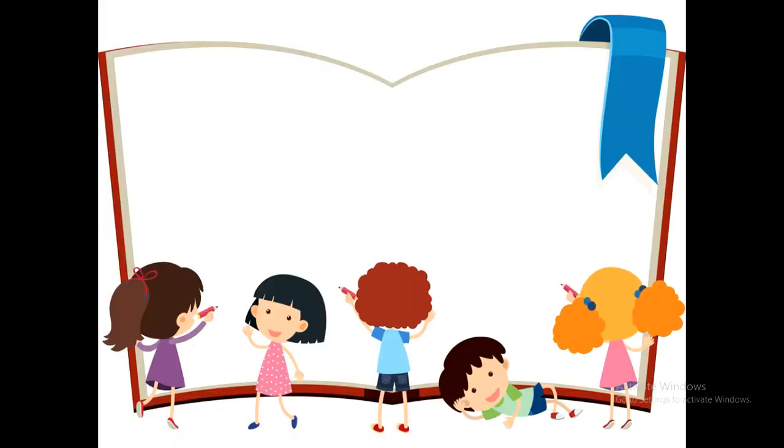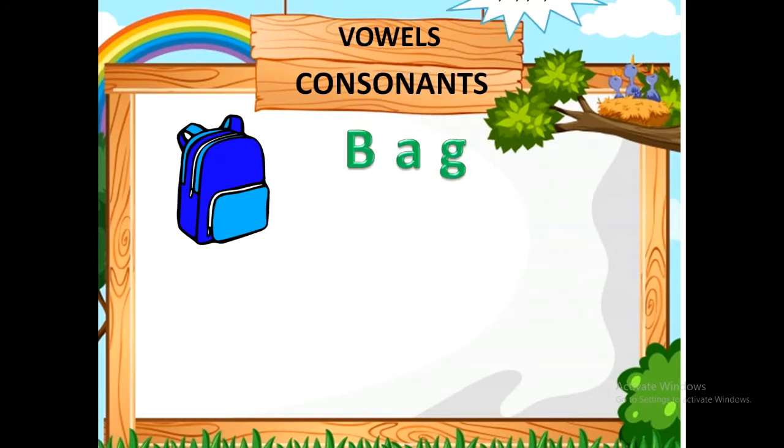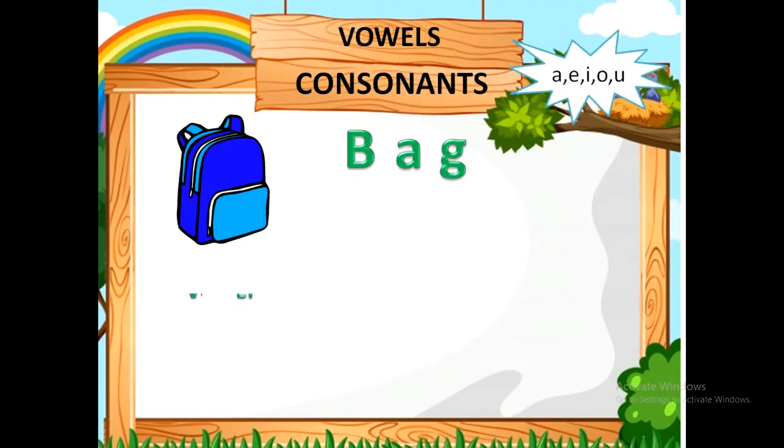Now kids, it's your time to identify vowels and consonants. Bag. B-A-G. Bag. First letter is B. Now tell me, B is a vowel or consonant?